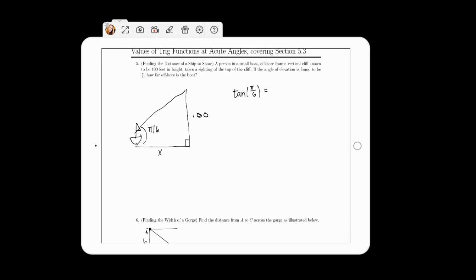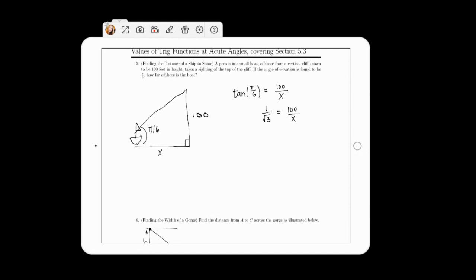So the tangent of pi over 6 is equal to 100 over x. This is the equation that I set up, and I can now solve for x. First of all, I remember that the tangent of pi over 6 is equal to 1 over root 3. So I replace it with that value. I don't need a calculator because that's one of my special angles.